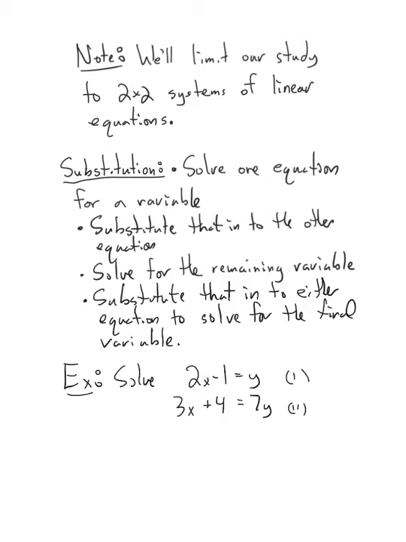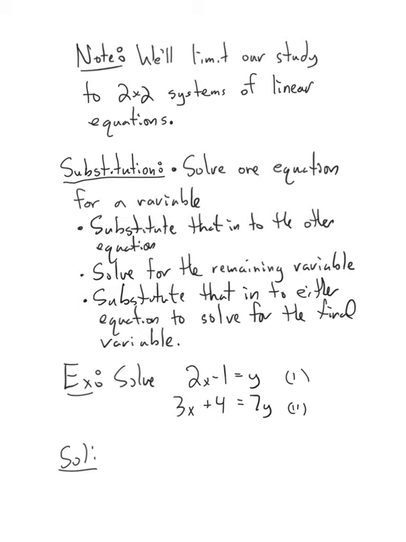Okay, so, well, we want to solve one equation for one of the variables, and we already have that in some sense. So here, in this first equation, we have y equals something in terms of the other variable.